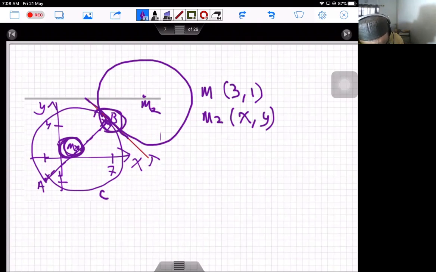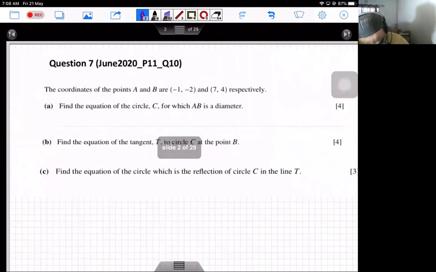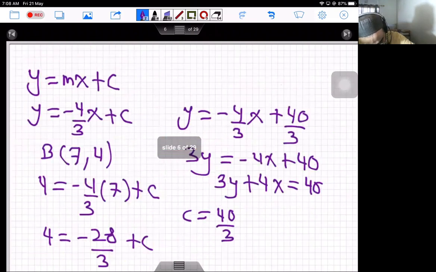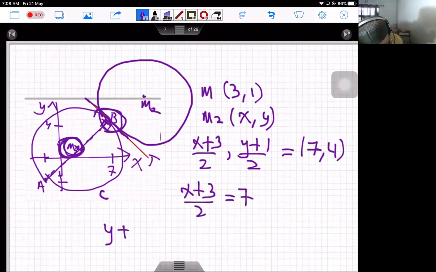So if you want to find the midpoint, it is (x + 3) over 2 comma (y + 1) over 2, and this equals the coordinate of B. The coordinate of B is how much? 7 comma 4. So here you can make two equations and easily find the values of x and y. (x + 3) over 2 = 7, and (y + 1) over 2 = 4.